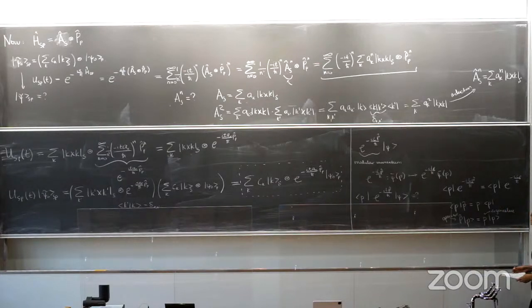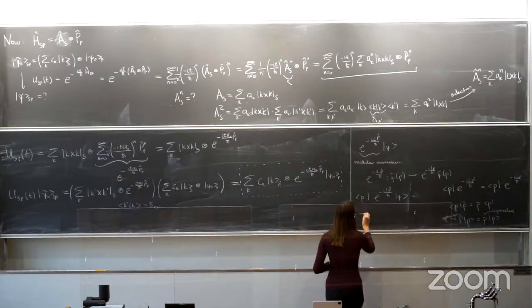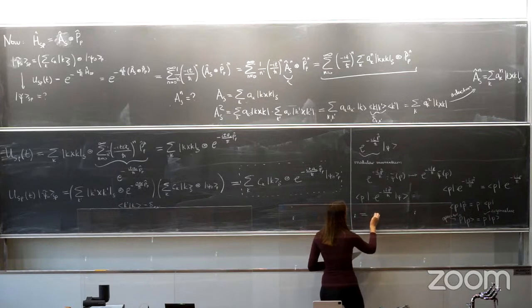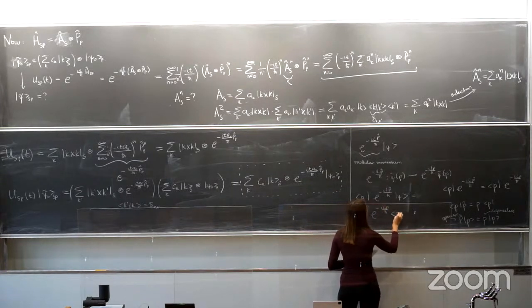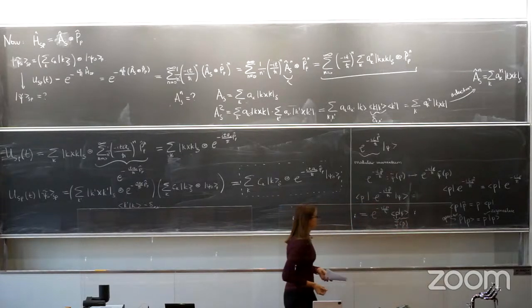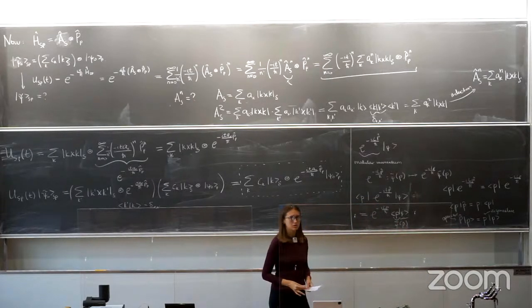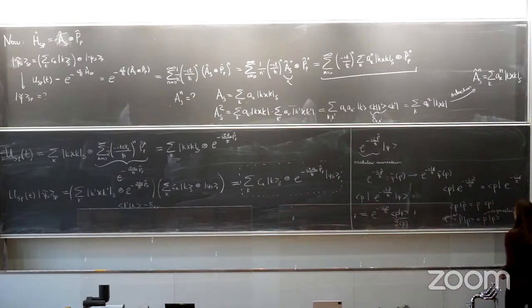Then we can write that this is e to the power minus i L p over h bar times psi bar of p, our momentum representation. The same logic applies to any function of the operator.